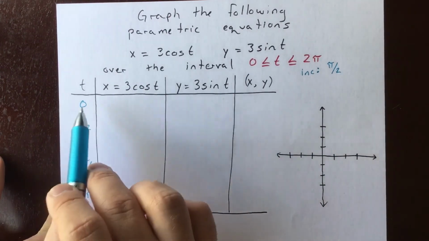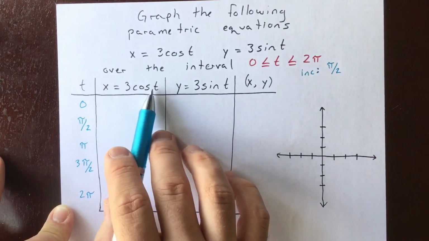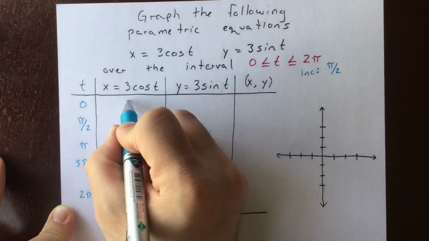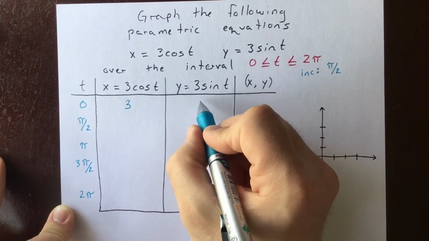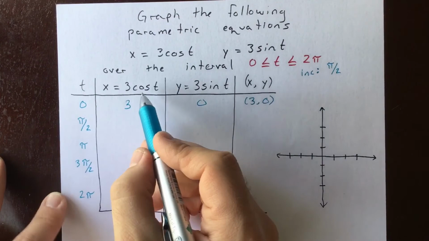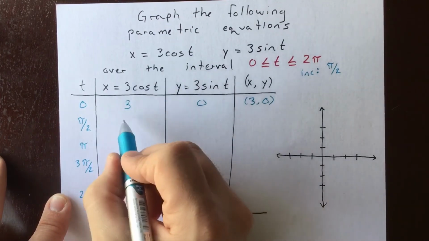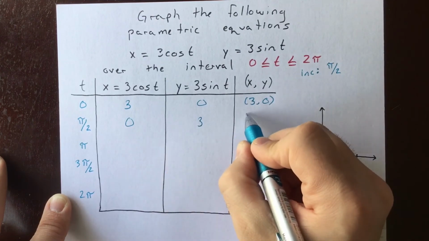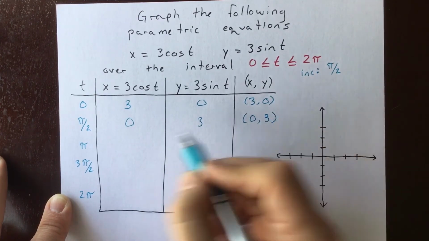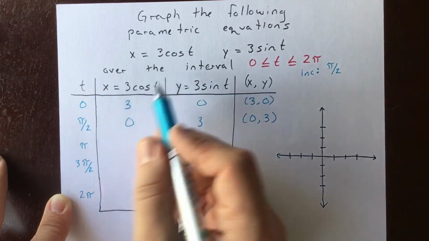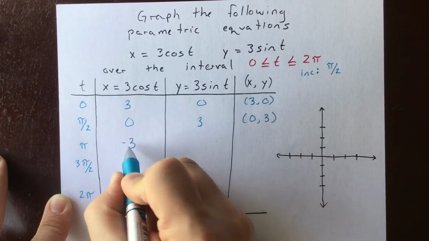So let's do this. Knowing our unit circle, cosine of 0 is 1. So 3 cosine of 0 is 3. Sine of 0 is 0. We're going to have a lot of repeating here. Cosine of pi over 2 is 0. Sine of pi over 2 is 1, so we get 3 here. Cosine of pi is negative 1, so we get negative 3.